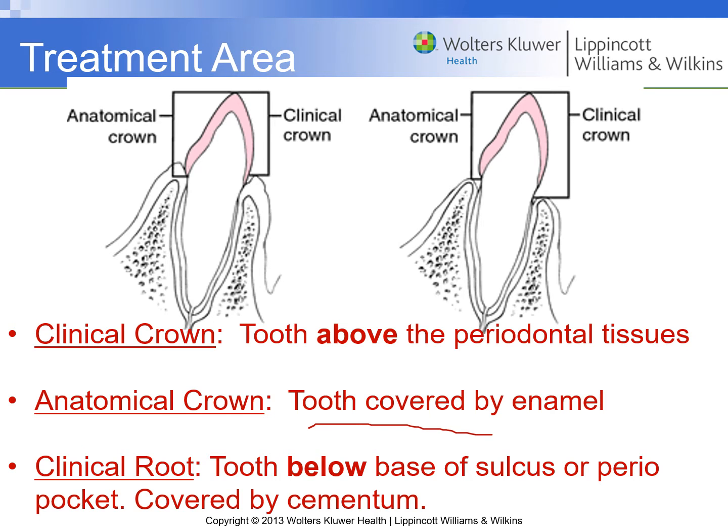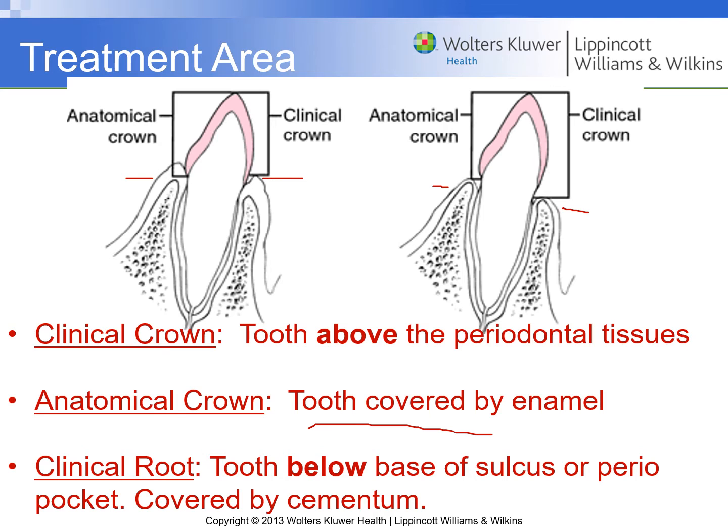So on a tooth that has recession, like this picture on the right, the anatomical crown is going to be the same, even though there's recession. You can see that this gum line is lower than this one over here. This is lower. And on this side, it's lower than this over here.